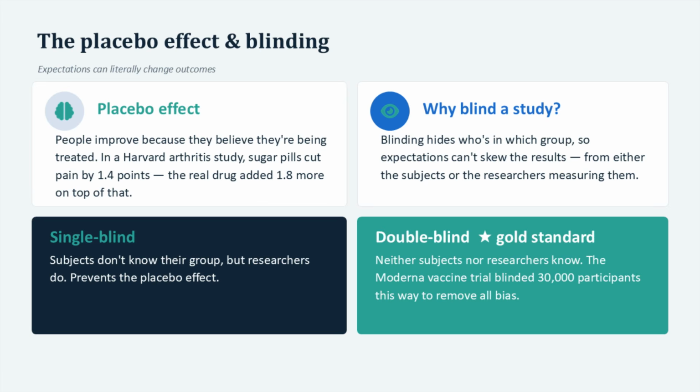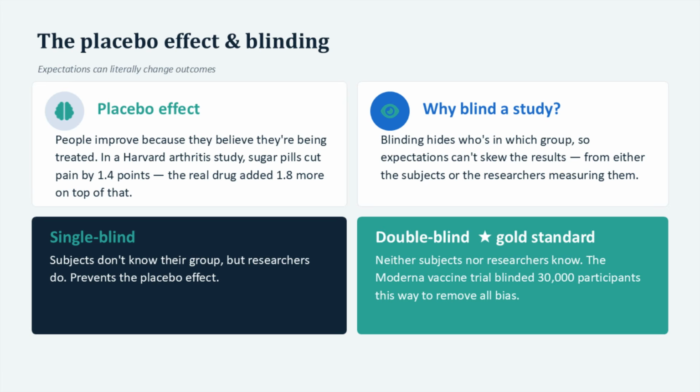Even without realizing it, a researcher's expectations might affect the way they speak to participants, the way they observe them, or even the way they interpret certain results. Double-blinding helps reduce that source of bias as well. The fewer people who know who received what, the less opportunity there is for expectations to influence the study.